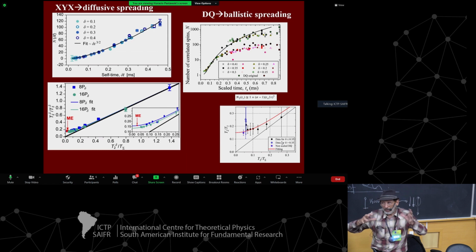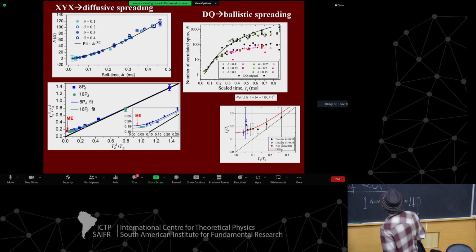So there is no disorder, this term which is opposing the dynamics, competing with the flip-flop processes, and then it goes much faster, that corresponds to the ballistic spreading. So the number of correlated spins is a ball that is growing linearly with time. And that's the exponent that we observe here, essentially a t to the 3 that corresponds to this ballistic time.